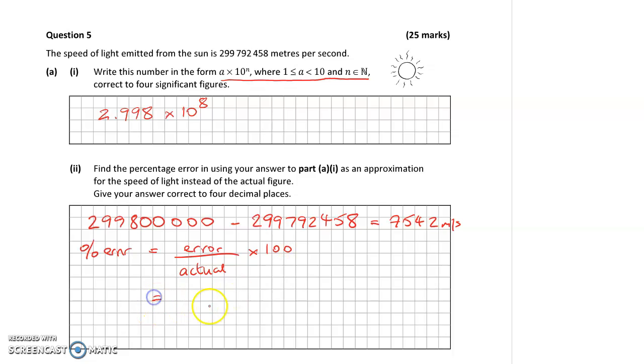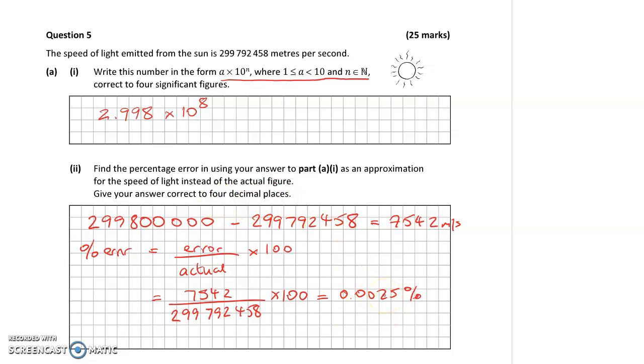So in this instance, my error is 7,542. The actual value is 299,792,458, and whatever that number is, if I multiply that by 100, I end up with 0.0025, correct to 4 decimal places.